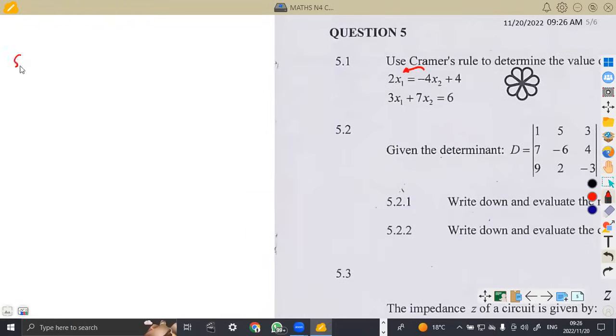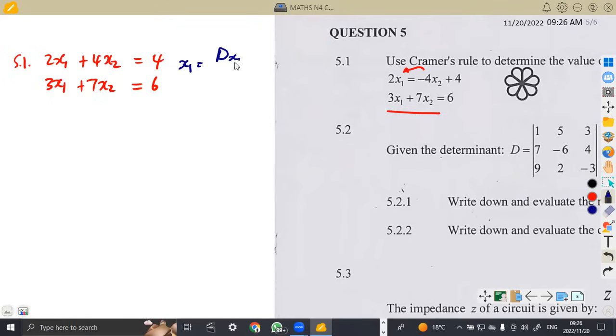So this is 5.1. It was going to be 2x1 plus 4x2 equal to 4. Okay, the other equation is fine. We just rewrite it as it is: 3x1 plus 7x2 is equal to 6. All right, so to find x1, remember Cramer's rule, it is the determinant for x1 over the determinant of constants.